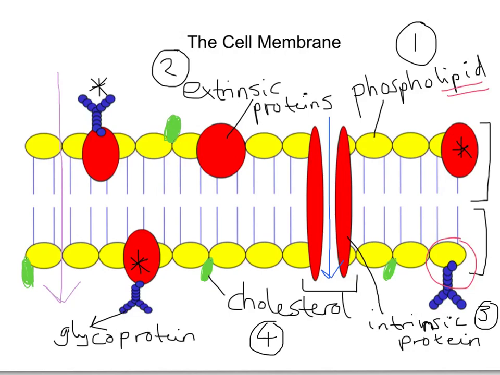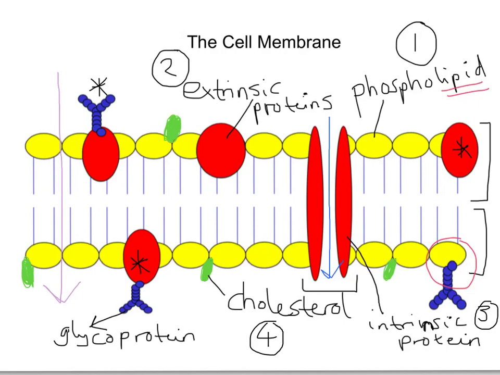In fact, if you were to take just this section of membrane that I've drawn on this slide, seconds later, if you were to look at the same thing in a real life cell, it would be a completely different setup. Cholesterol would have moved, the extrinsic proteins would have moved. Because the phospholipids can move past one another, they give it a fluidity, hence where the name fluid comes from.